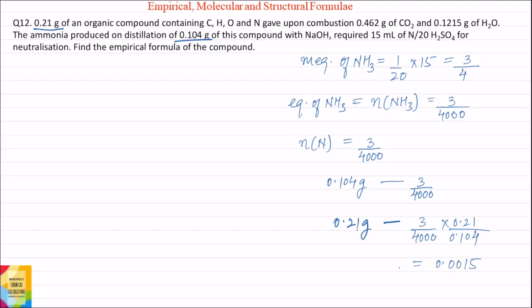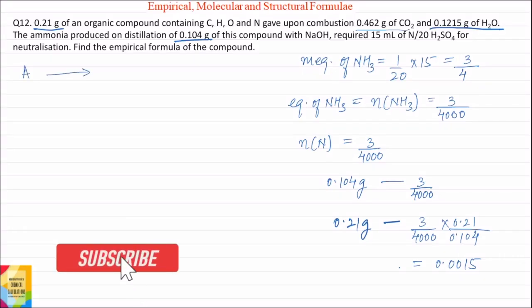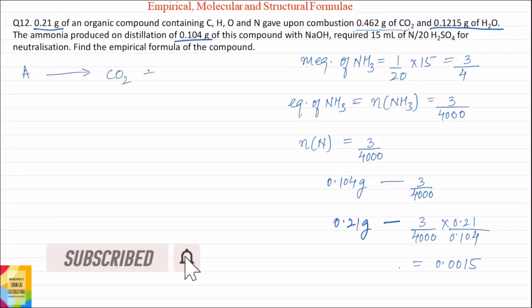Now 0.21 gram of the compound on combustion gives 0.462 gram of carbon dioxide and 0.1215 gram of H2O. So let the compound be A, which on combustion gives carbon dioxide and H2O. Now how much is the carbon dioxide?